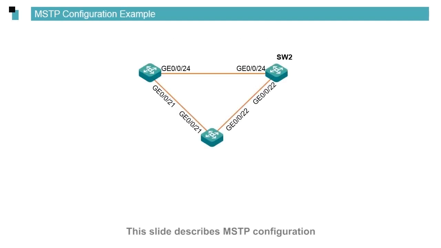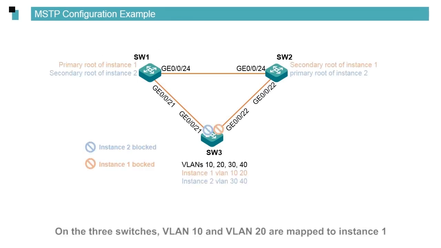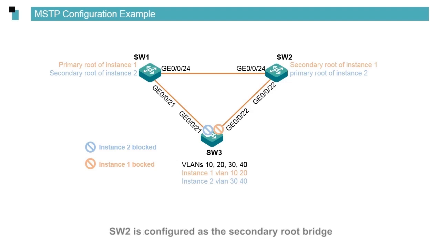This slide describes MSTP configuration. On the 3 switches, VLAN 10 and VLAN 20 are mapped to instance 1, and VLAN 30 and VLAN 40 are mapped to instance 2. In instance 1, SW1 is configured as the primary root bridge, SW2 is configured as the secondary root bridge, and SW3's GE0/0/3 is blocked.